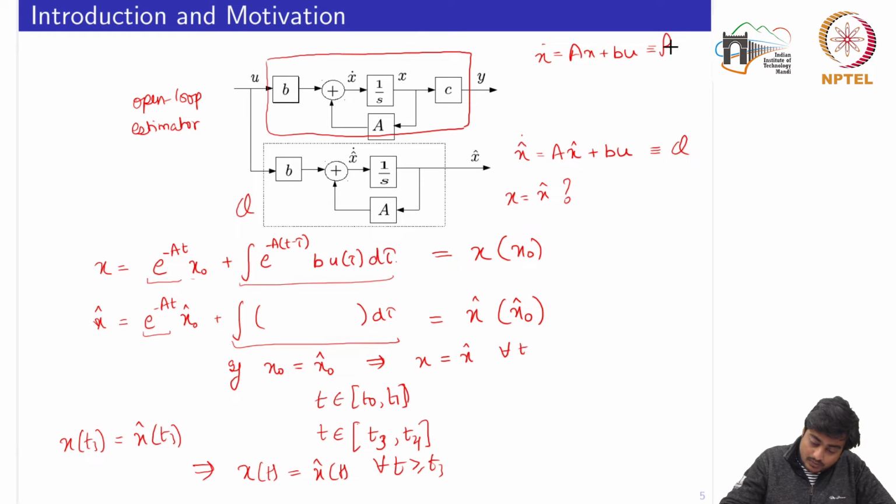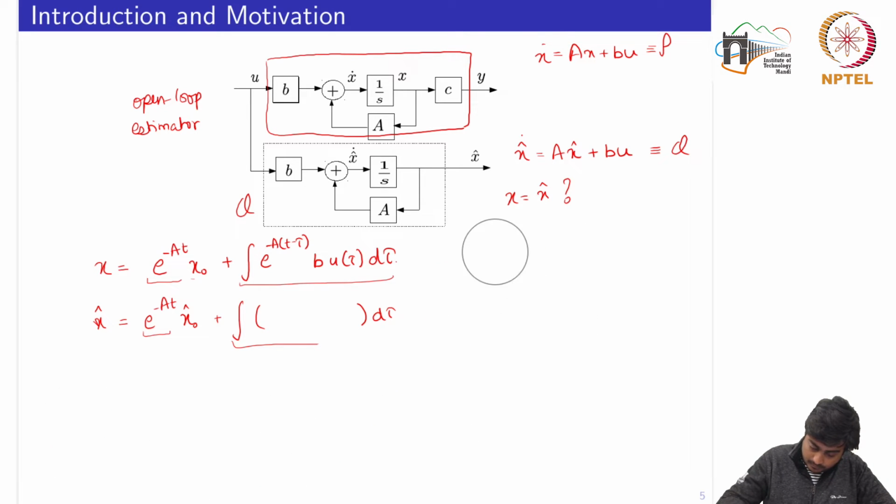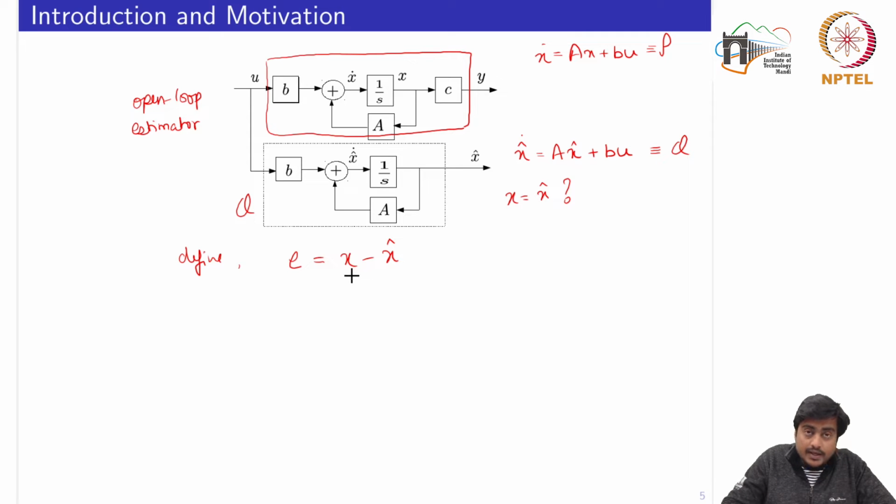Now let's say we have these two equations of the plant and the observer. Here I will define an error signal e as x minus x hat. We define the signal e, which we call the error between the actual state and the estimated state.